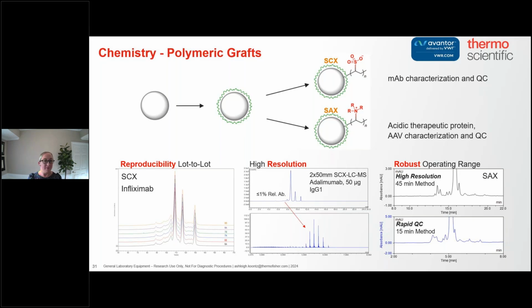Robustness in terms of column lifetime, which we can demonstrate over 500 injections with our column, but also in terms of that flow rate and operating range as well. So whether you want a high resolution, longer 45-minute method, or if you want to get that down to a rapid QC 15-minute method, the flexibility is yours, depending on that flow rate.